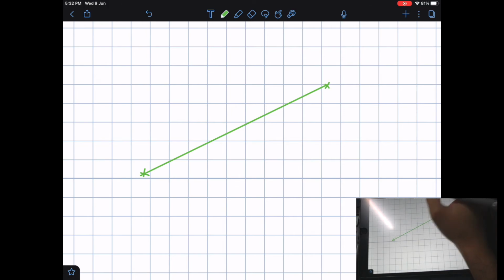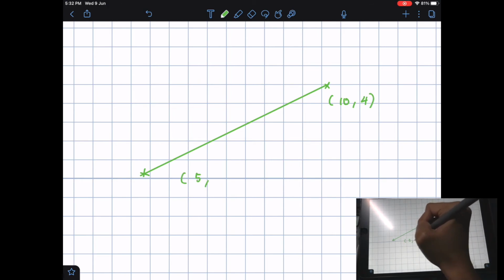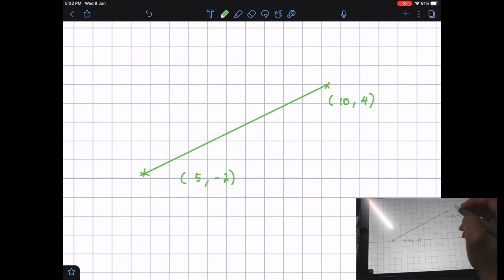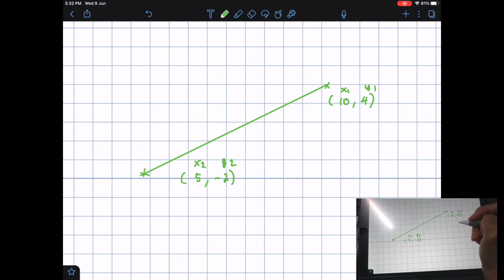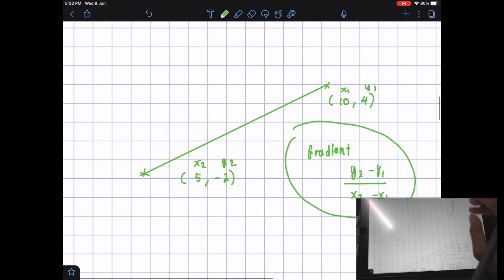When you pick 2 certain points, you just name each coordinate point as x1, y1, x2, and y2. And the formula for the gradient of a straight line is y2 minus y1 over x2 minus x1. And this will be your gradient of the graph.